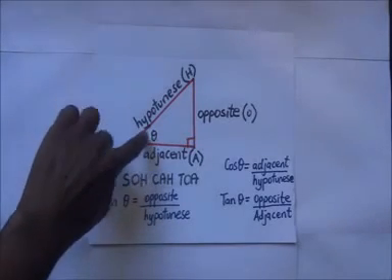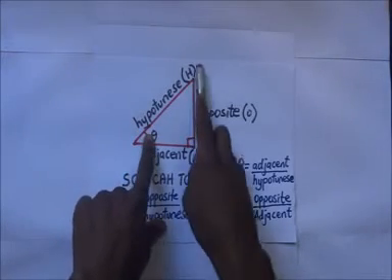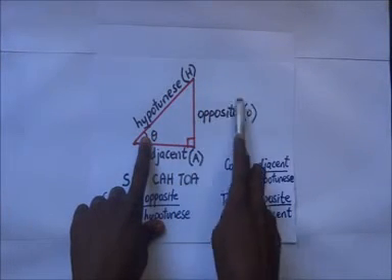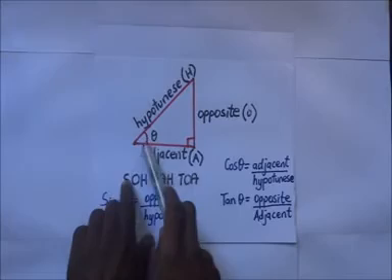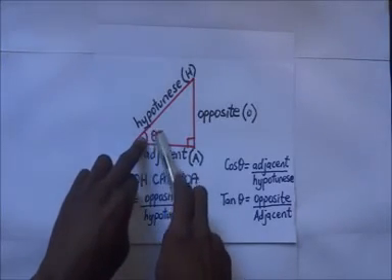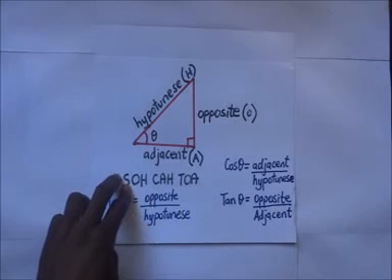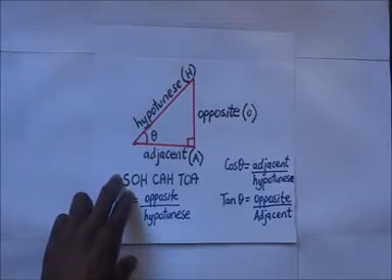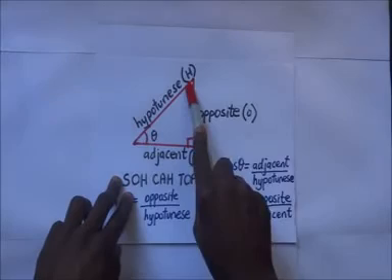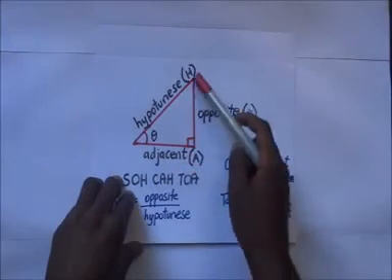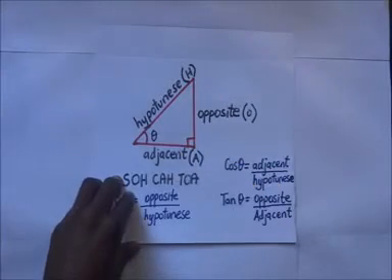For example, if you look at this angle theta, this side is opposite that angle theta. That is why this side is labeled opposite O. And this side is adjacent to that angle theta. That's why we call this side adjacent. Now, what if this angle theta is situated up here? How will the nomenclature be affected?